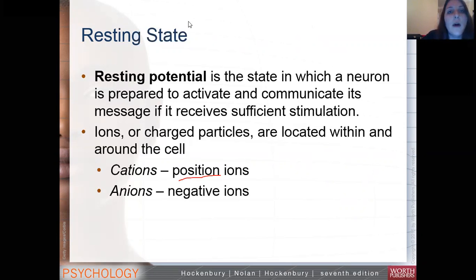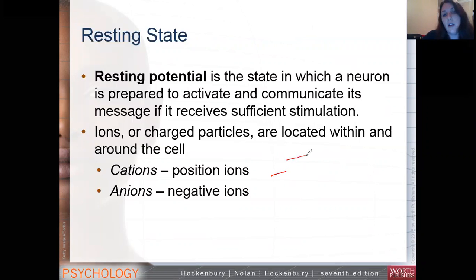So when you are talking about a particular potential, okay, we have to remember that it's inside the neuron and outside the neuron, we have these positively and negatively charged ions. So at resting state, and this is something that you're going to need to write down. So if you have your notes out, this is something that you're going to be tested on.